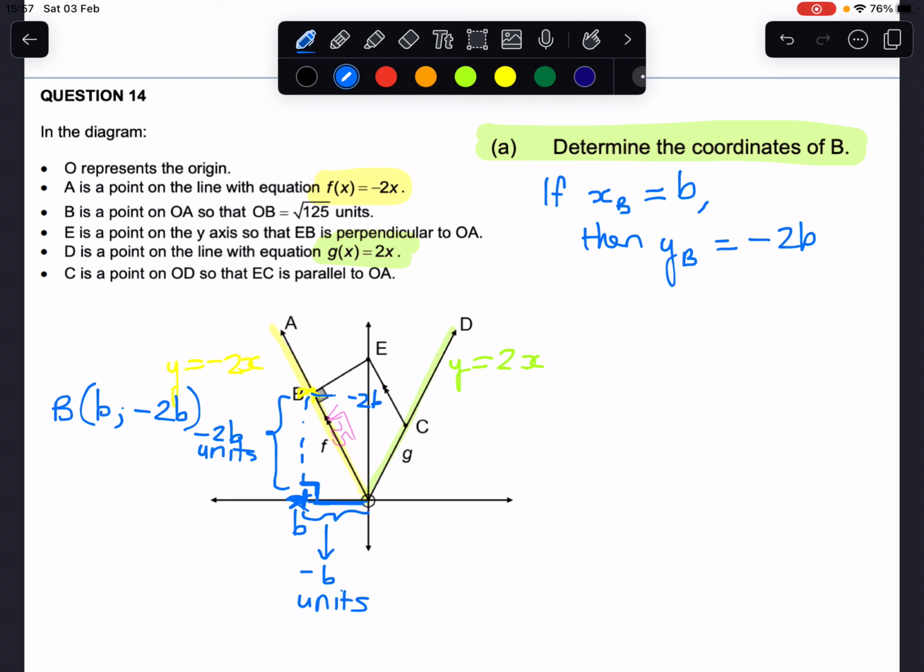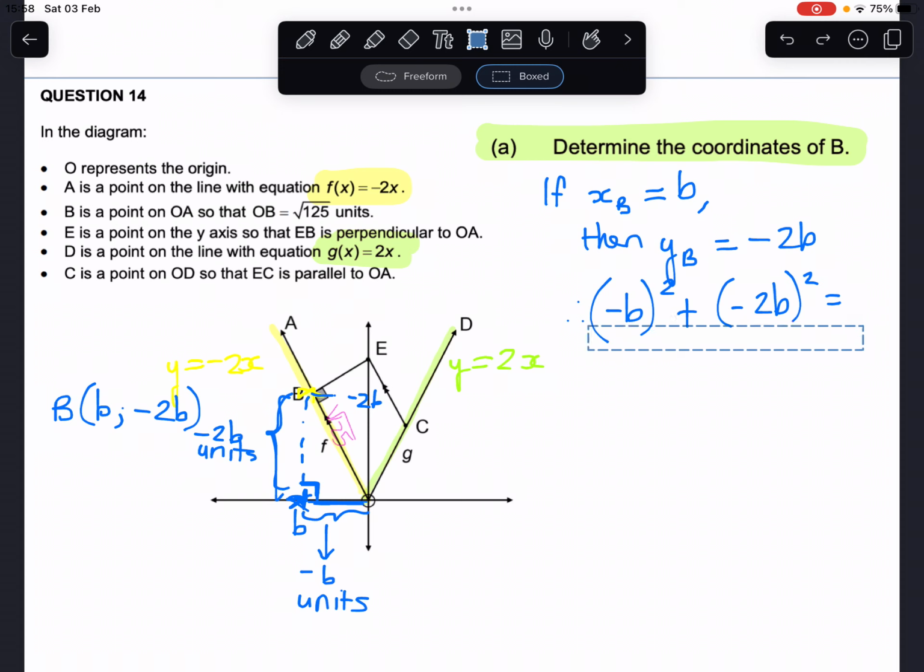And so therefore, by Pythagoras, we're going to take this distance plus this distance, and we know that that's going to be equal to the hypotenuse squared. Let's just shrink this a bit.